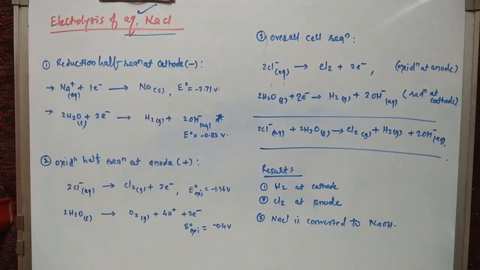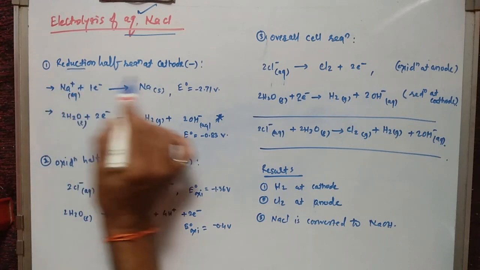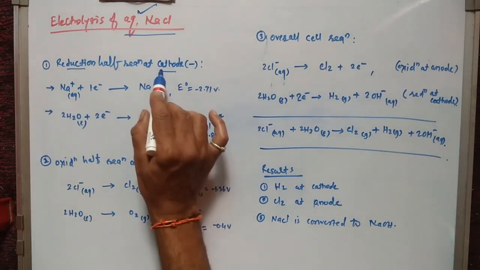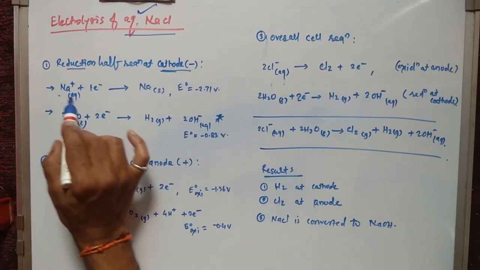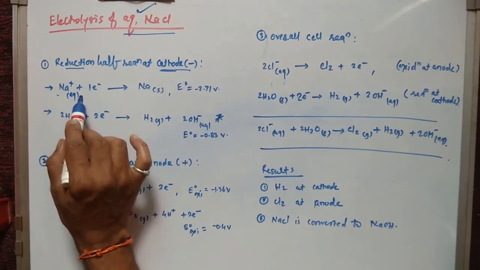In the electrolysis of aqueous NaCl, let us look at the reactions taking place at the individual electrodes. First, reduction takes place at the cathode. Okay, what is reduction? That is the gain of electrons. Now the cathode is a negative electrode, so the positive Na ions get attracted toward it and get reduced.